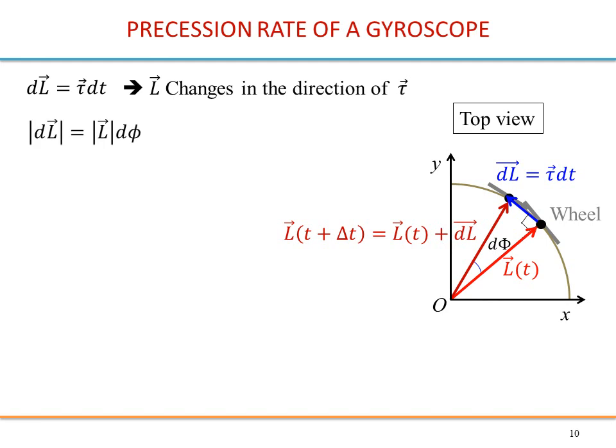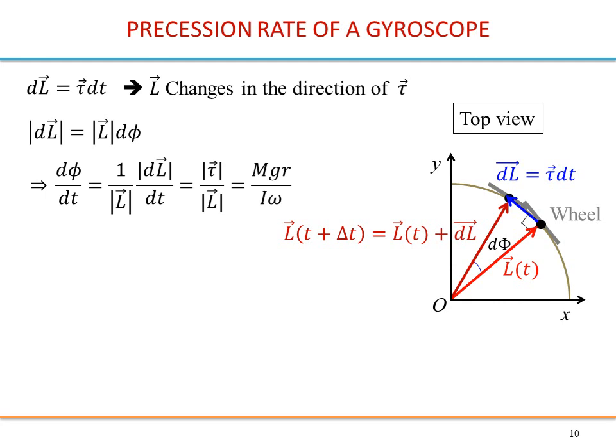What we want to find is in fact d phi/dt. It is the rate of change of this angle phi, so it's d phi/dt. We see that if d phi is small, dL, this piece of arc, is in fact L d phi.